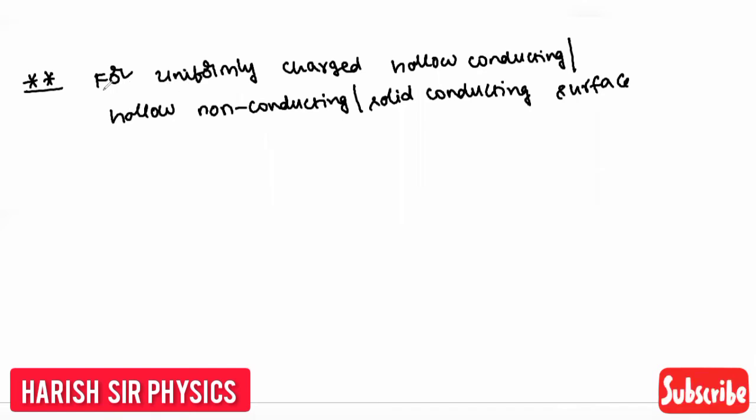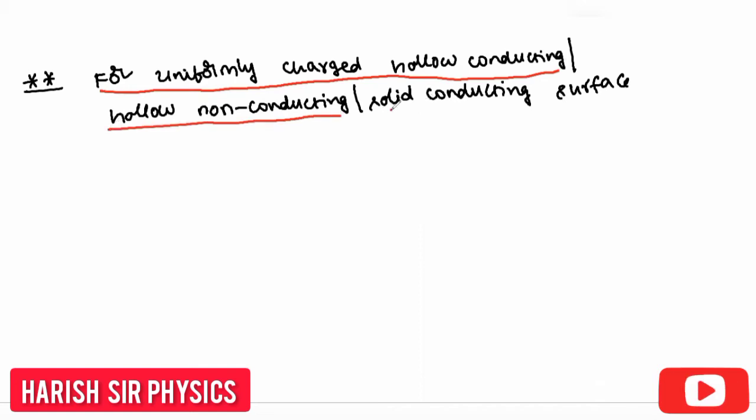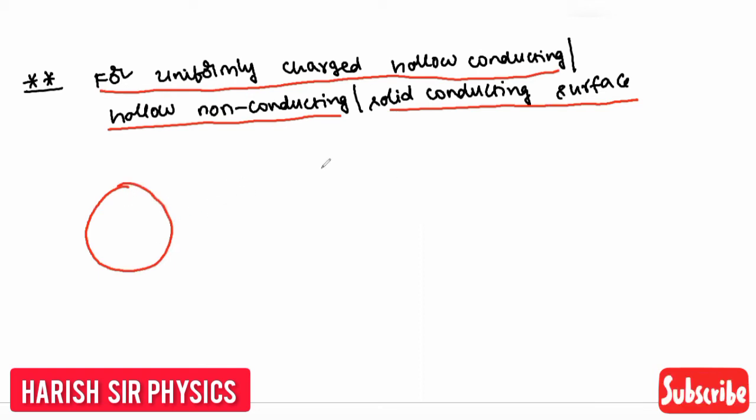For a uniformly charged hollow conducting, hollow non-conducting, or solid conducting surface, the charge Q is on the surface.